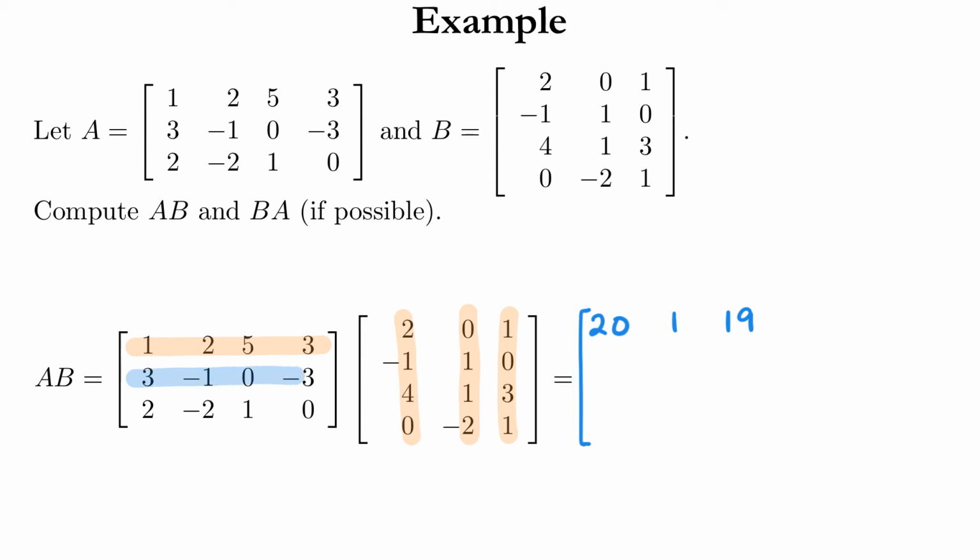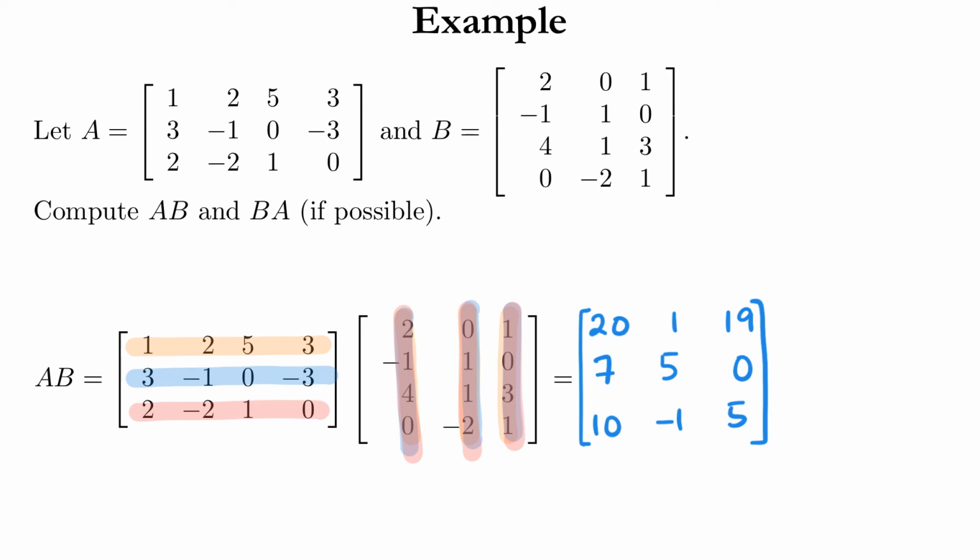The second row of AB is obtained by the dot product of the second row of A with all columns of B, and this results in 7, 5, 0. And the last row of AB is gotten by performing the dot product of the last row of A with all columns of B, which gives entries 10, negative 1, and 5.